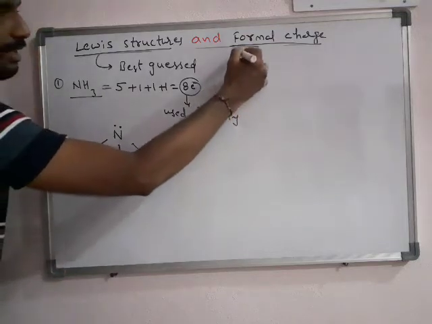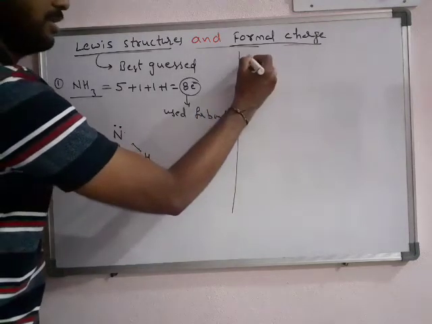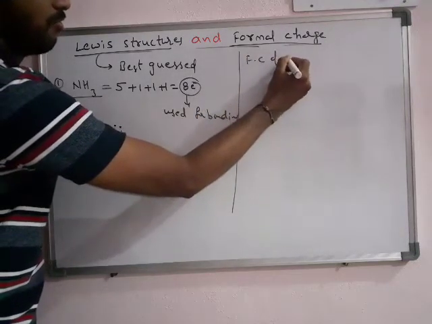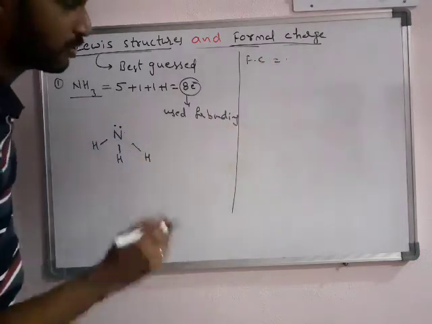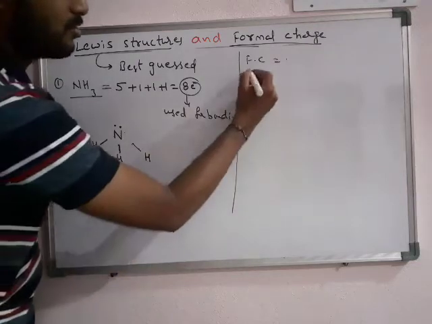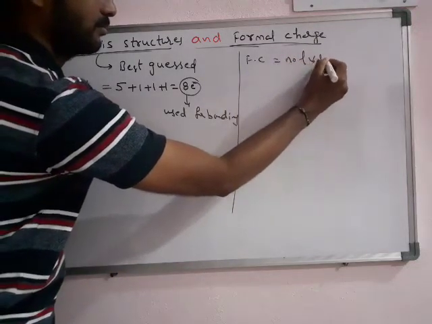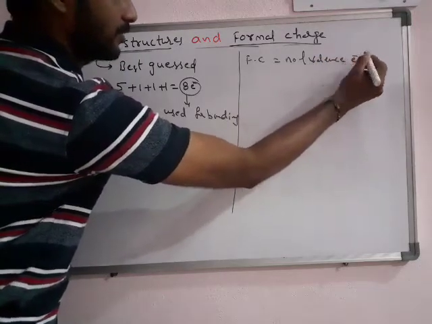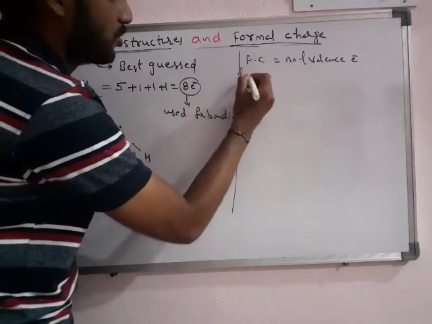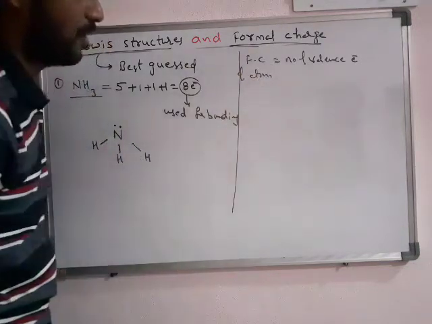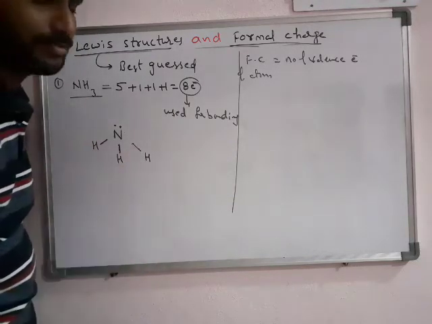Now we calculate the formal charge of this nitrogen in NH3. At first we read what the formal charge is. Formal charge of an atom. We generally calculate formal charge only for an individual atom separately.